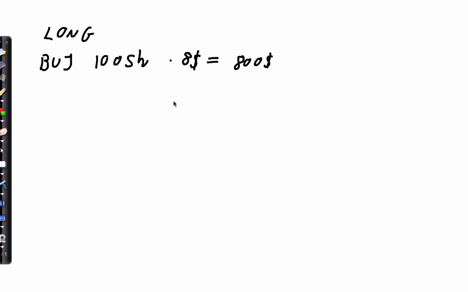Now, what is the worst case scenario? You can have your stop loss, whatever you want, but really the worst case scenario is when the price is going to zero, right? So bankruptcy of the company. What happens in this case? The maximum loss you can have is the position, so $800.